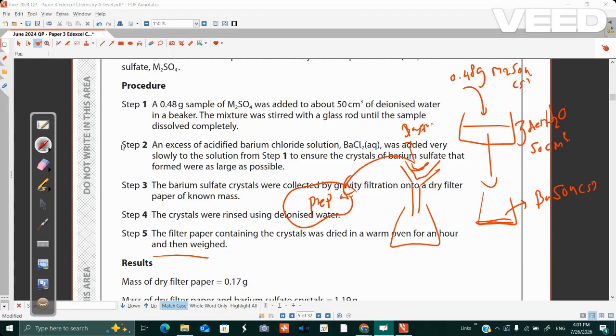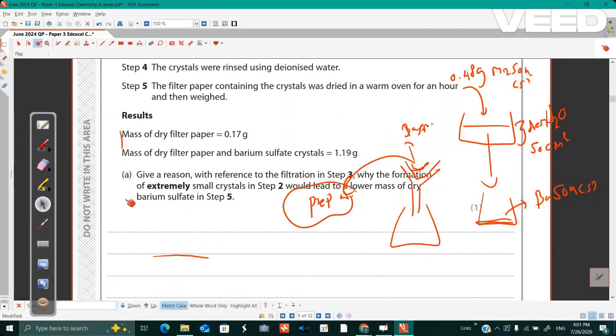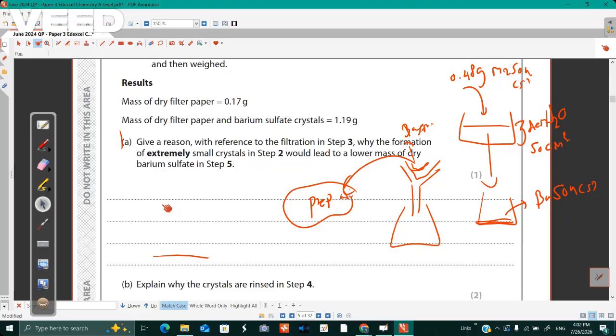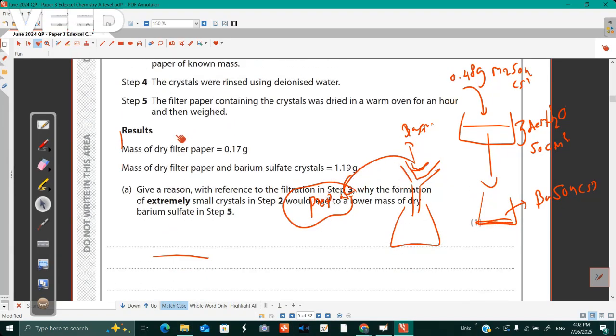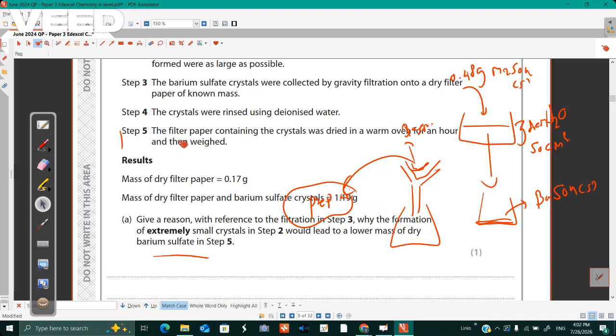Right. Mass of dry filter paper is given. Mass of dry filter paper with barium sulfate crystals is also given. Give a reason with reference to the filtration in step 3 why the formation of extremely small crystals in step 2 would lead to a lower mass of dry barium sulfate.